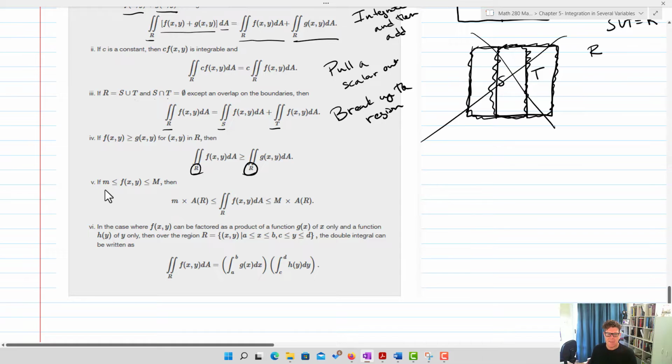Now, let's take little m being less than or equal to f of xy less than or equal to big M. So basically, f of xy is bounded.